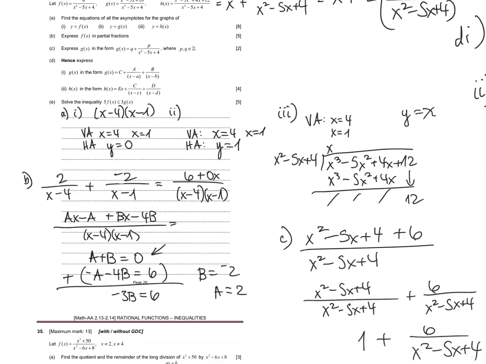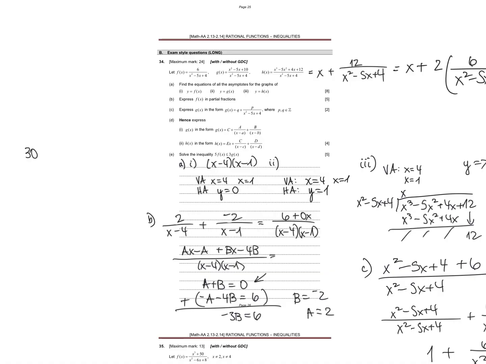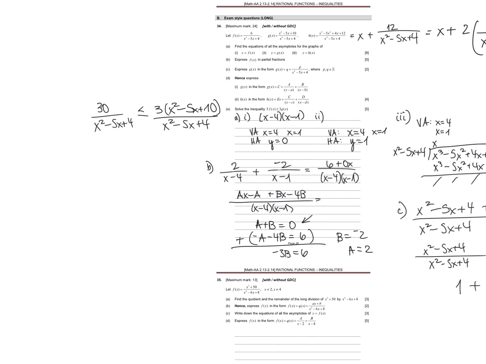All right, solve the inequality. 5 f at x, so 30, less than or equal to 3g. Okay, so we need to get this thing onto the other side.